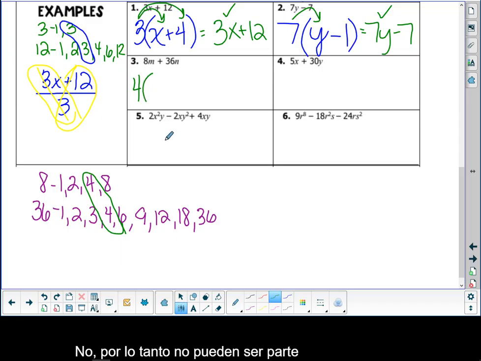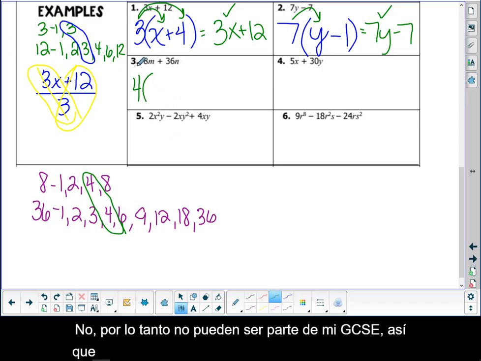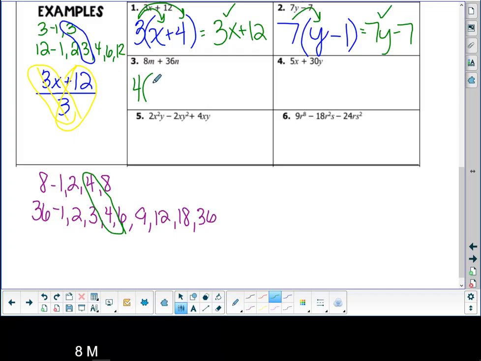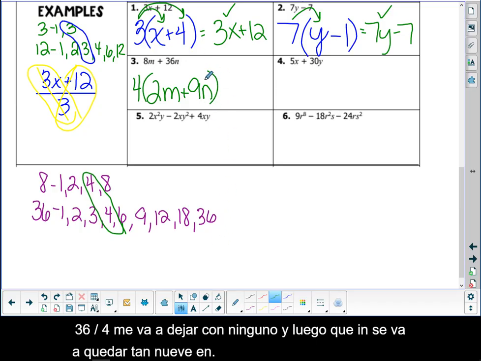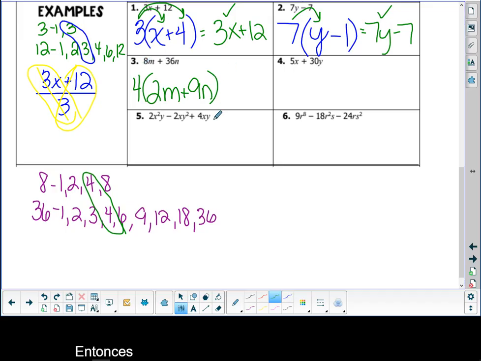So I'm going to put my parenthesis, and now I'm going to divide. 8m divided by 4 is going to leave me with 2m. 36 divided by 4 is going to leave me with 9, and then that n is going to stay, so 9n. Then you could go back, distribute, and check it, but this one is correct, I promise.